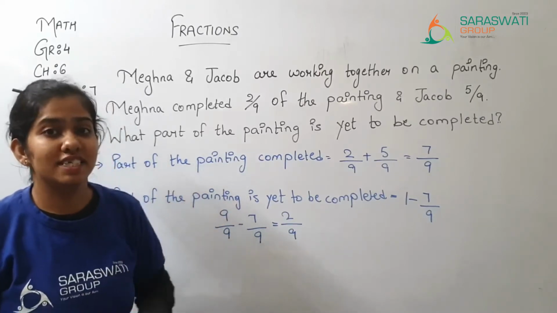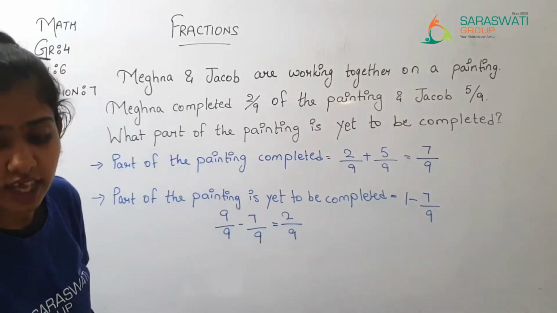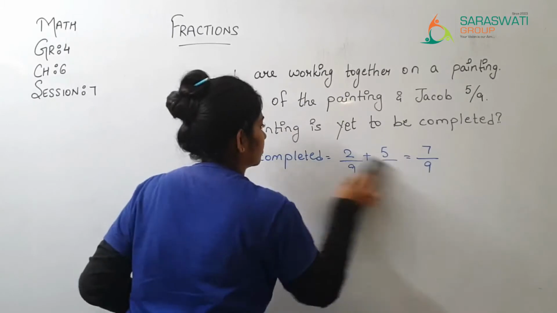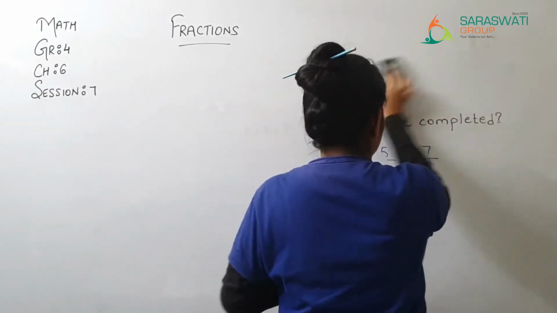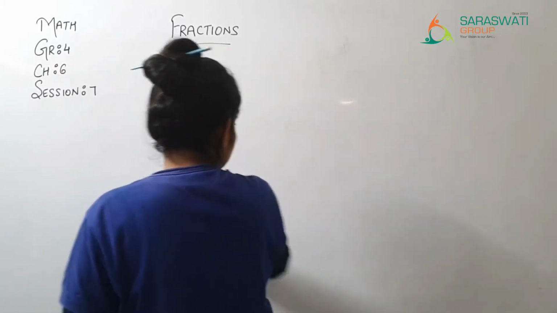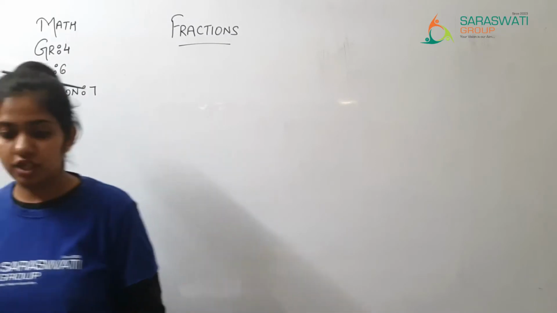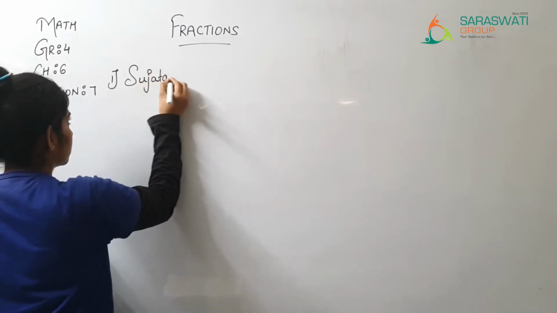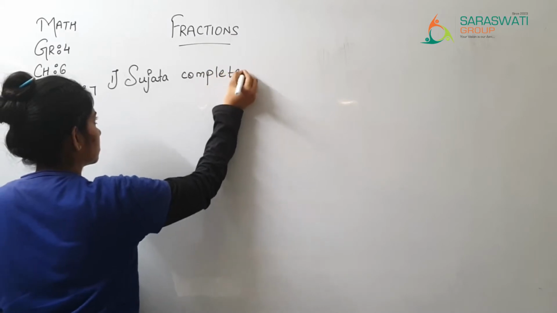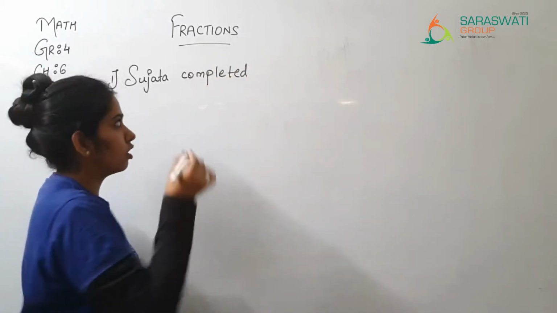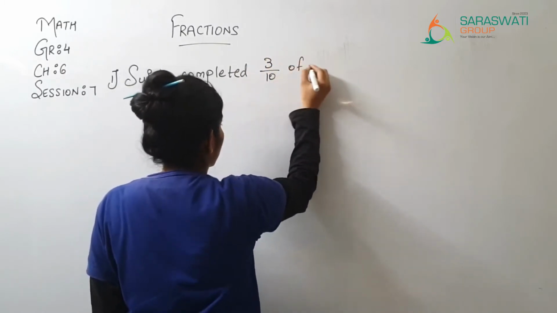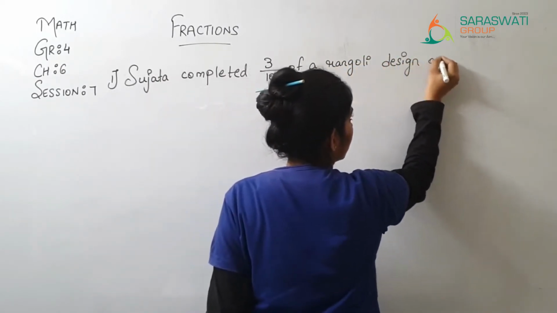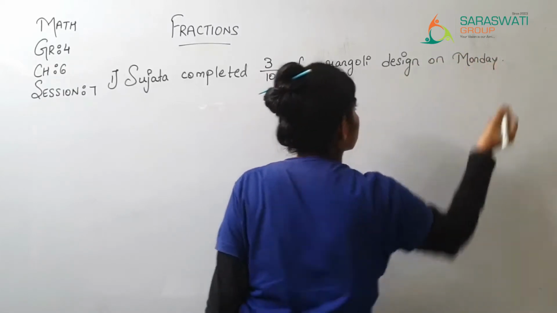So we are moving on to our exercise part, that is our exercise 6.6, and in that our first question is Sujata completed 3/10 of a Rangoli design on Monday, right?